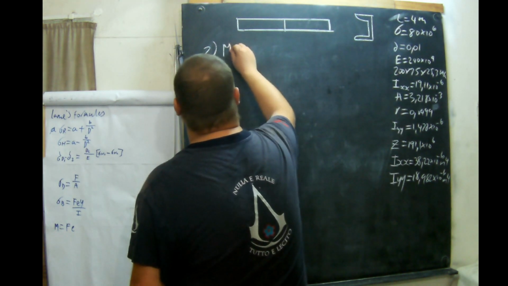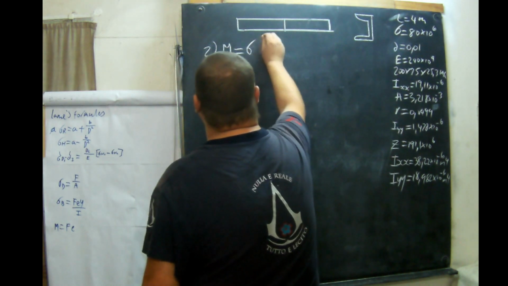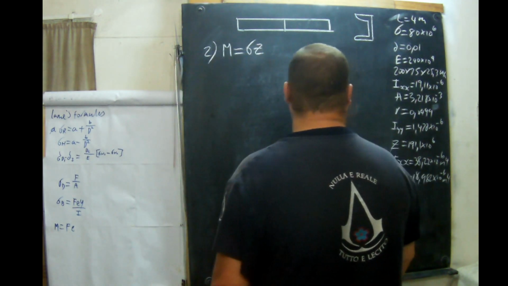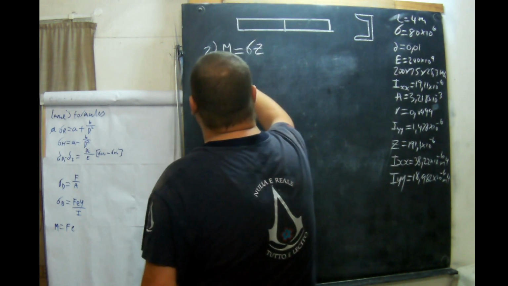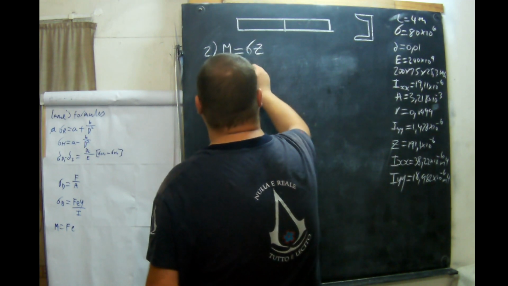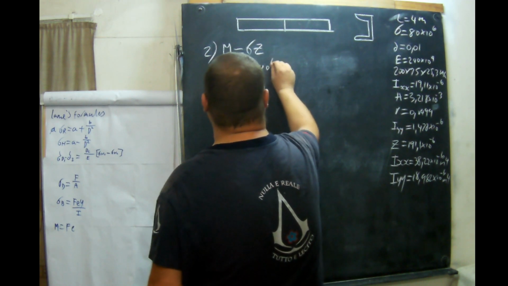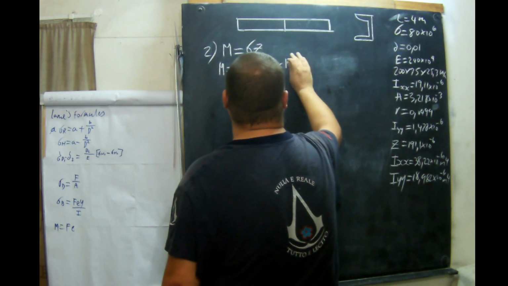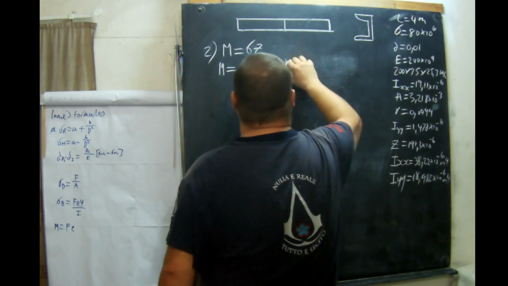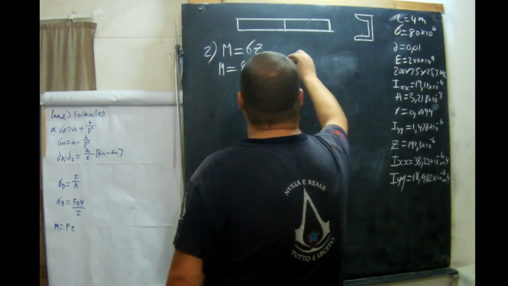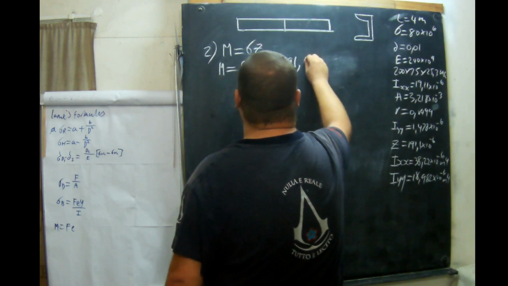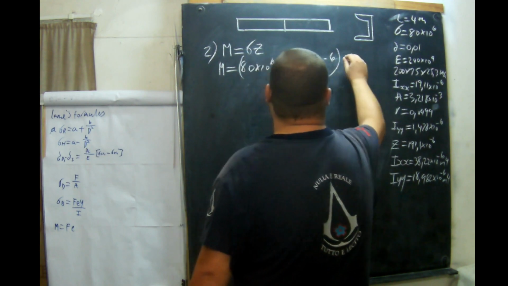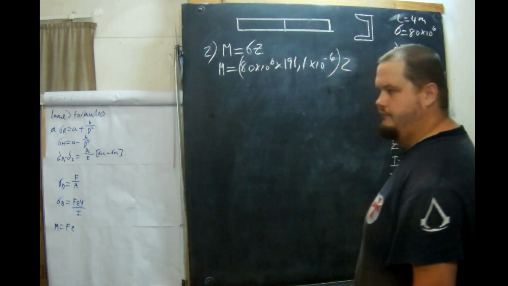So what we need first is M. So that is the stress times Z. Now we got M is equal to 80 times 10 to the 6 multiplied by 191,1 times 10 to the minus 6, all in a bracket, multiplied by 2.